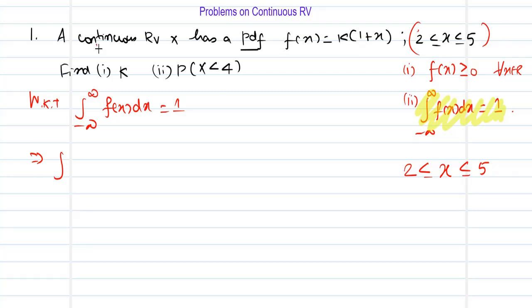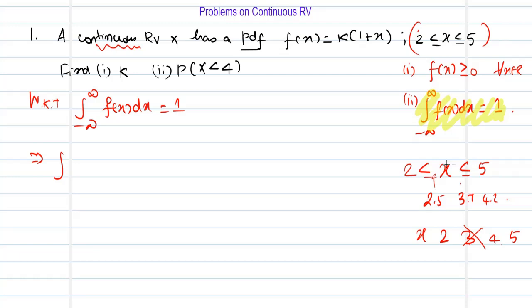Notice we have a continuous random variable, so it takes an infinite number of points, which means 2.5 is also going to lie over here. 3.7, 4.2, whatever number you say is going to be inside it. So taking x as 2, 3, 4, 5 is going to be a very wrong notion. You are not taking point values, but you are taking all the values in this interval.